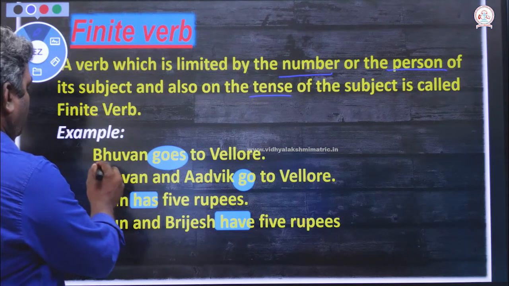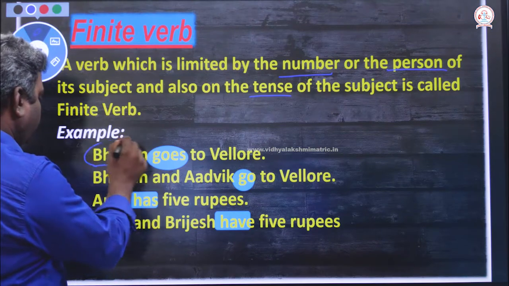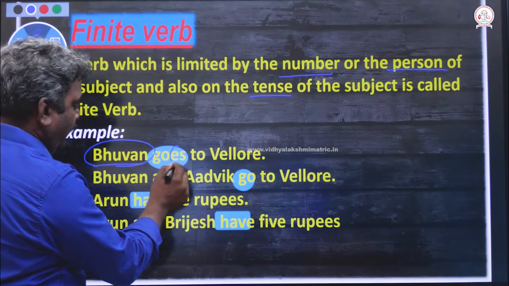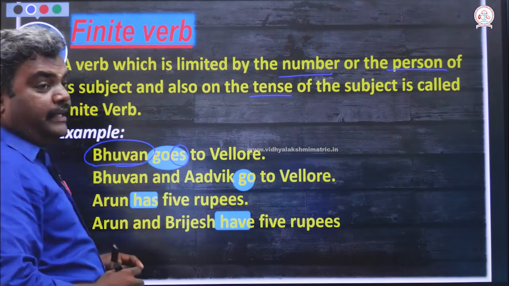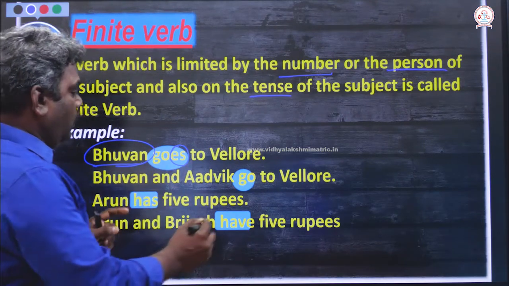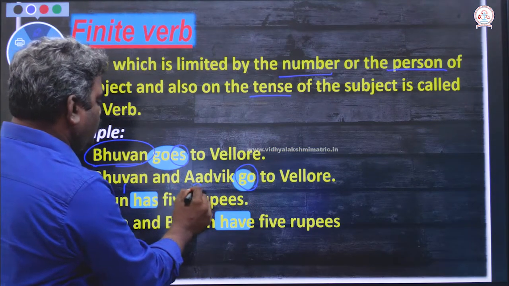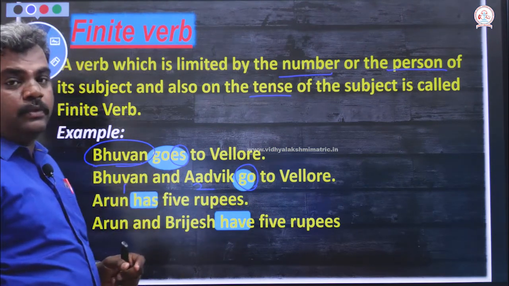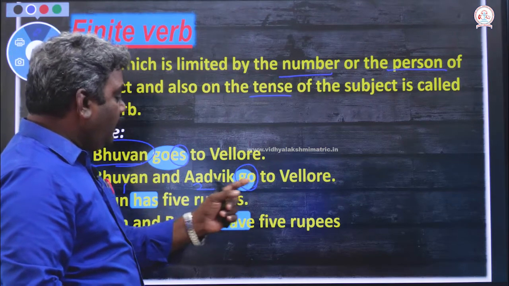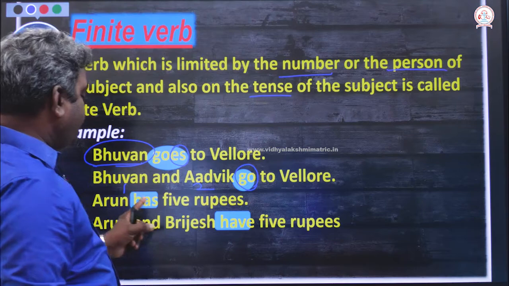Look at this. Bhuvan goes to Vellore. Only one person, that's why we have added es with the verb. Bhuvan and Atvik go to Vellore. Here this is 1 and 2. Subject is plural, so it takes the plural verb. Next, Arun has 5 rupees.